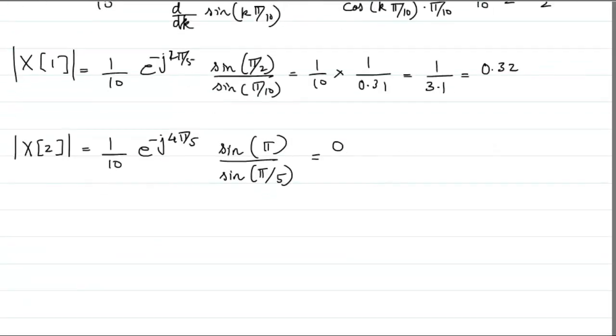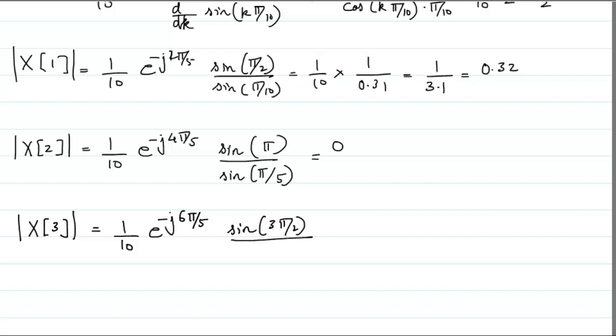Similarly, if I want to find out x of 3, I will get 1 by 10 e raised to power minus j, k is 3, so 6 pi by 5, sine of 3 pi by 2 divided by sine of 3 pi by 10. So what do I get here? I will get 1 by 10 magnitude, then here also 1 is the magnitude. What is sine of 3 pi by 2?